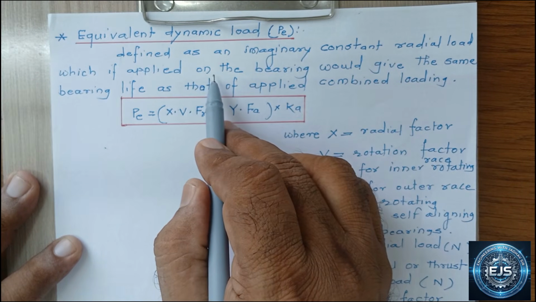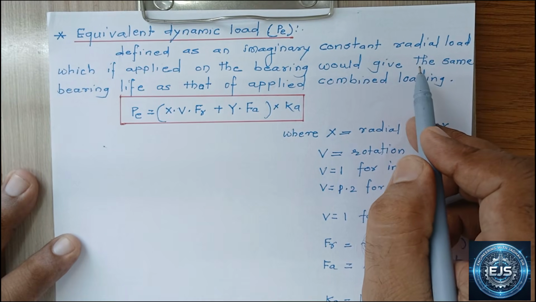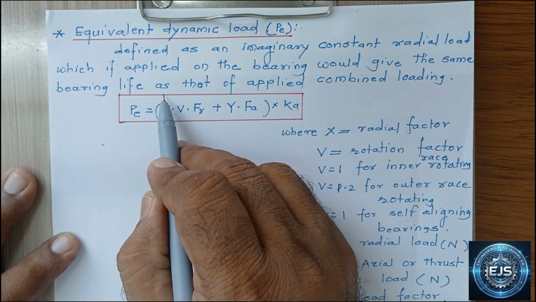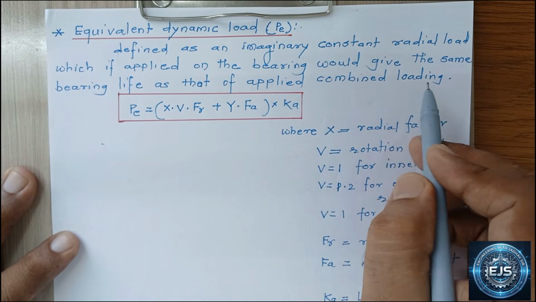So what is equivalent dynamic load? It is defined as an imaginary constant radial load which, if applied on the bearing, would give the same bearing life as that of the applied combined loading.